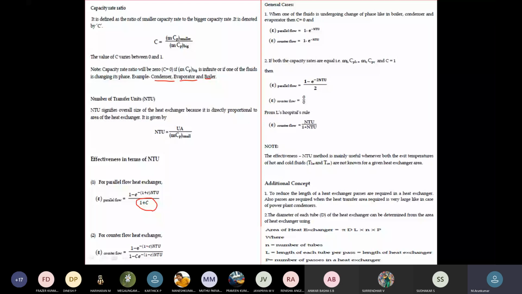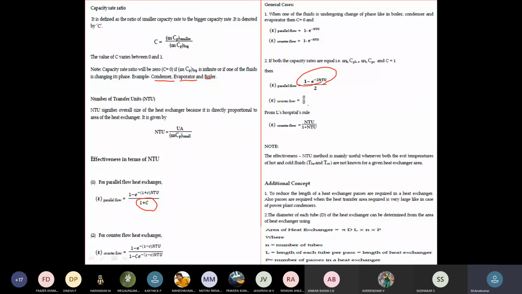Right, so if both the capacity rates are equal, so if C is 1, we can rewrite the effectiveness for parallel flow as 1 minus e power minus 2 NTU, divided by 2.